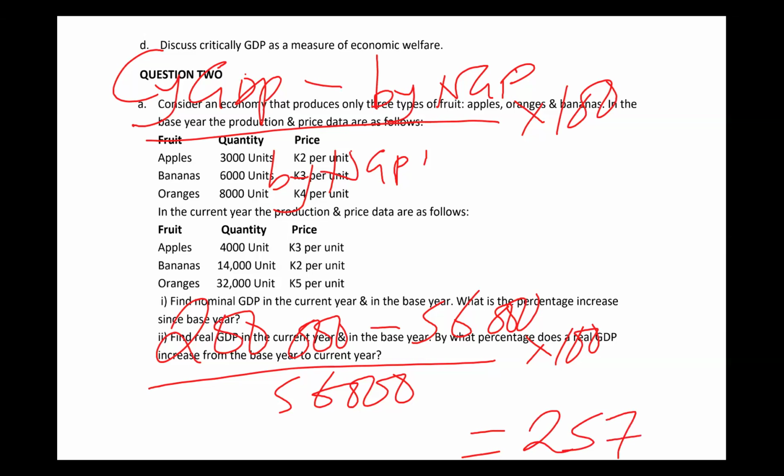Yeah. Percent. That's a lot of increase in the general price, in the nominal GDP, right? It increased by that much, okay? By 257%. That's a lot. You know what it means?